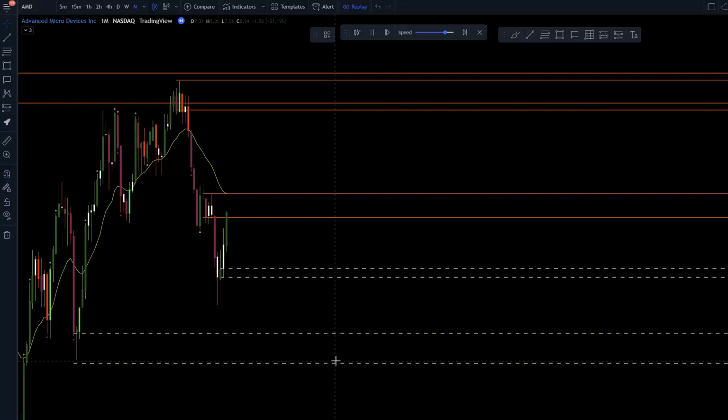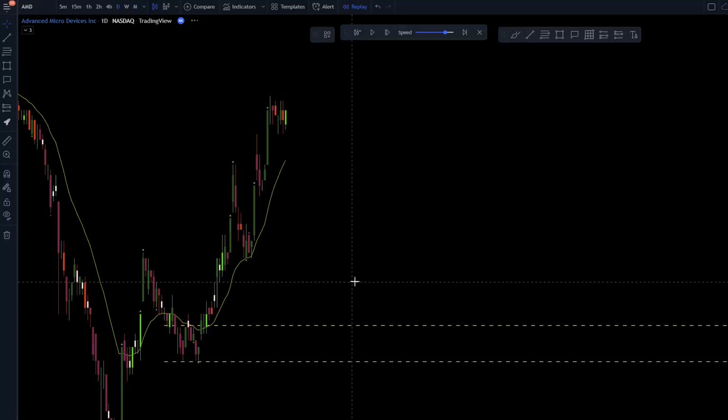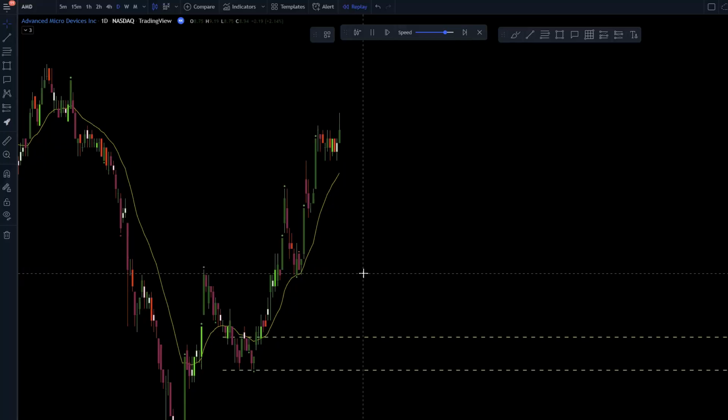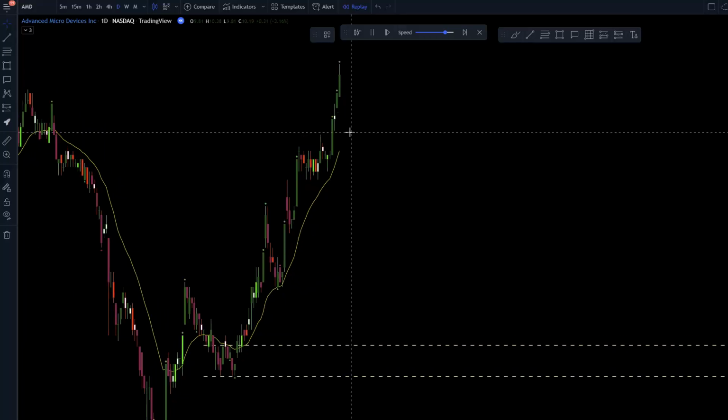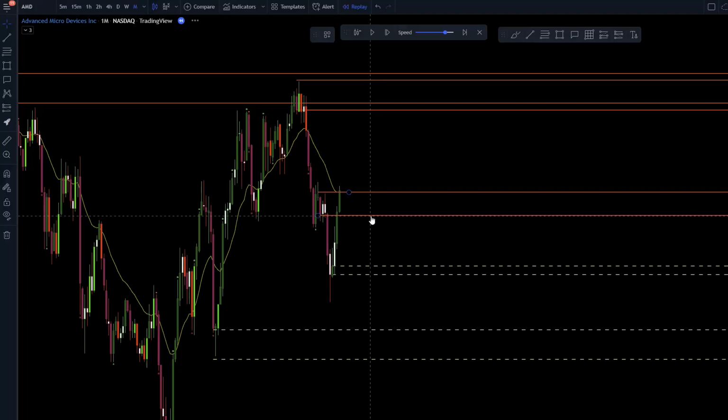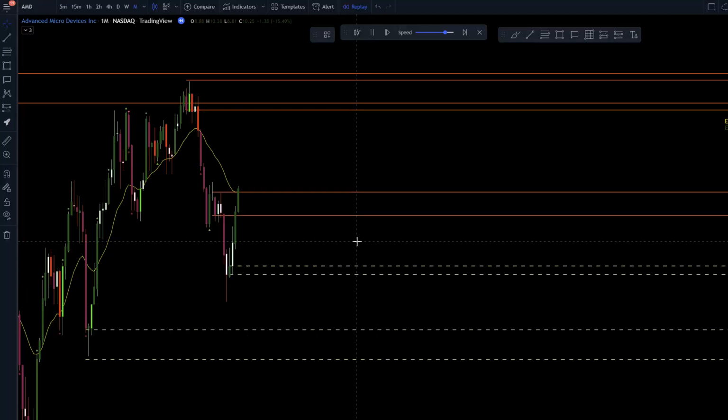This is not a valid trade. Need to wait for confirmation. Yeah, this is gone. Area did not hold.